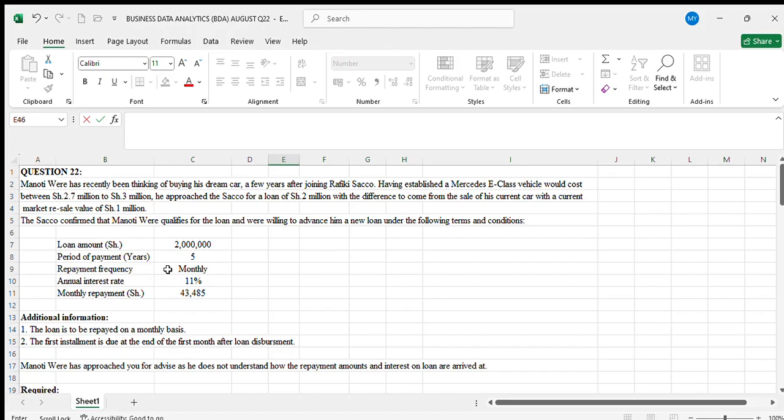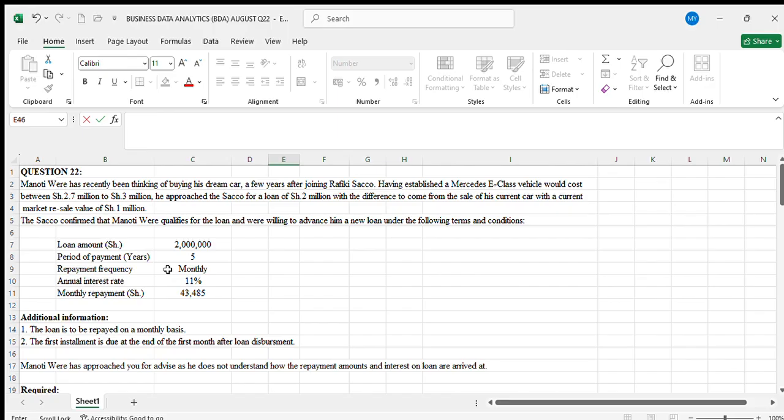So the circle has confirmed that Manotiwere qualifies for the loan and were willing to advance him a new loan under the following terms and conditions.